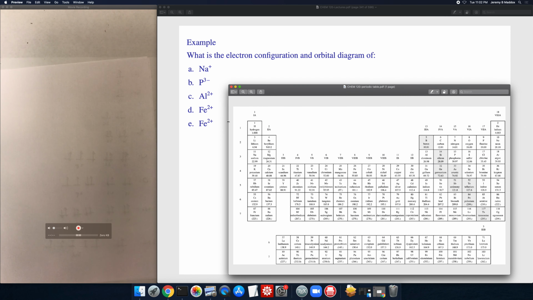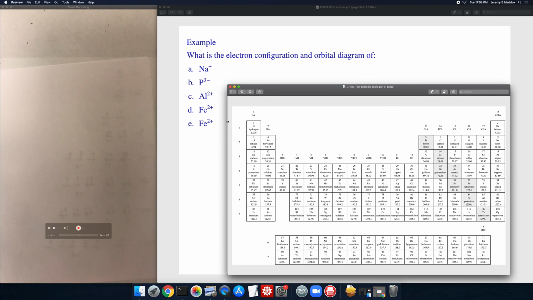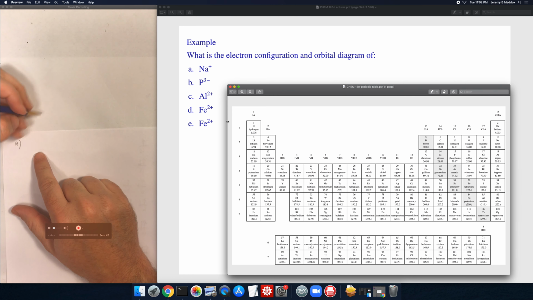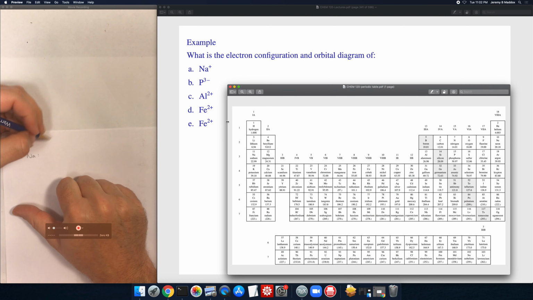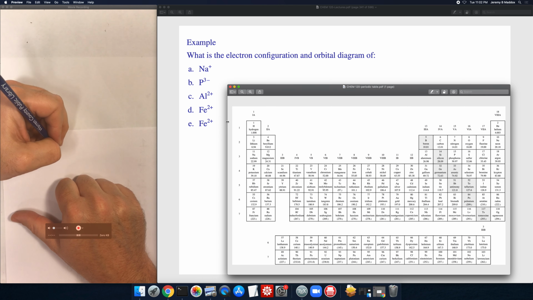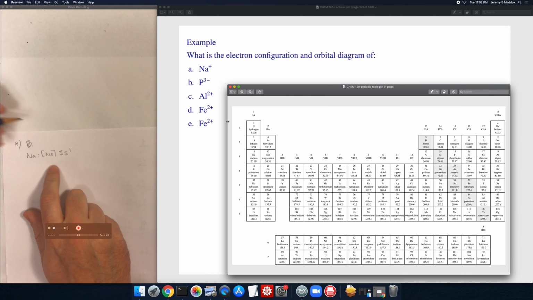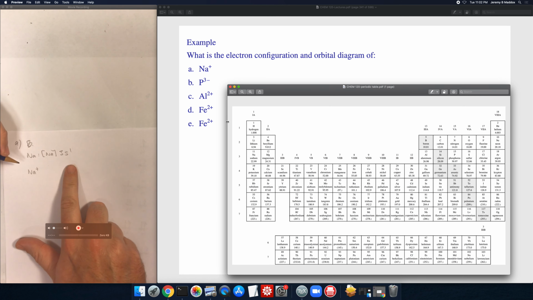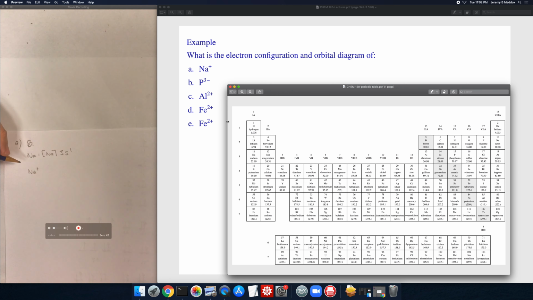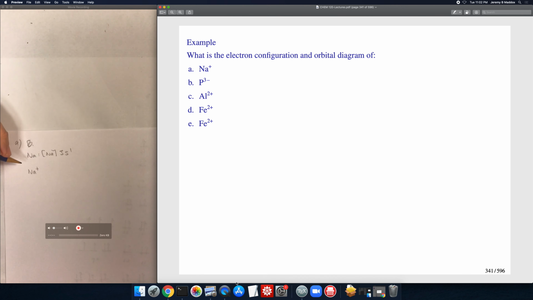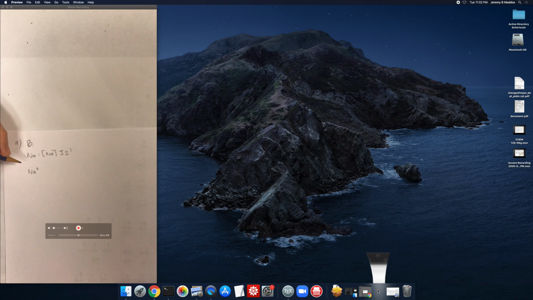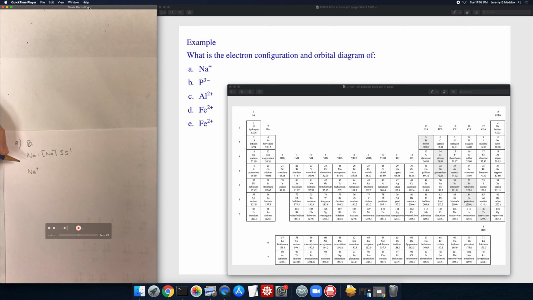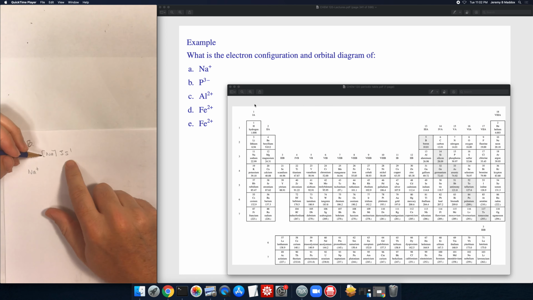Let's make this a little smaller. There we go. So we'll start with sodium here. I'm going to put the ground state configuration for sodium. Sodium is going to have a neon core, and it's going to be a 3s1. Now, when sodium forms a cation, it loses this s electron.